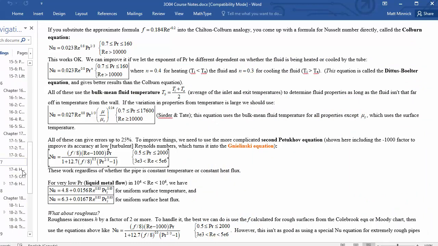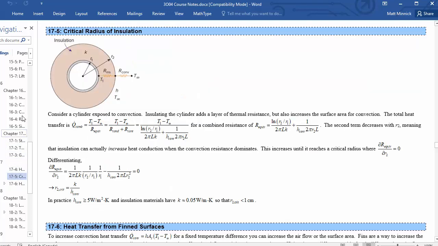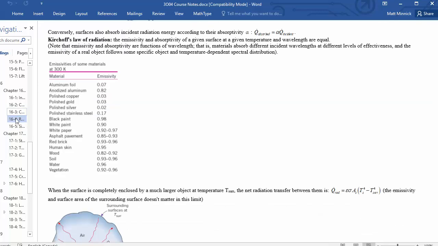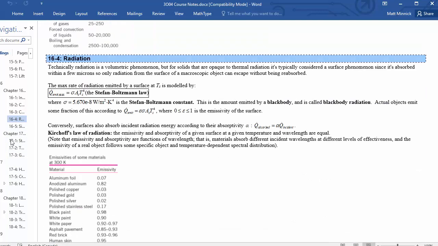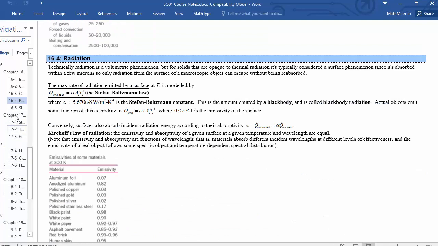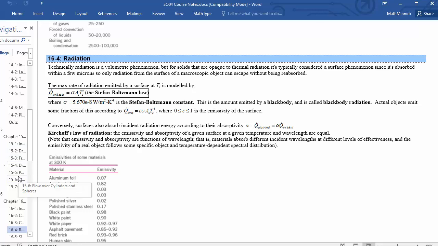So this is when we first were talking about convection, and we did some surface roughness stuff. Where's that? Oh, wait. Not when we were doing convection.